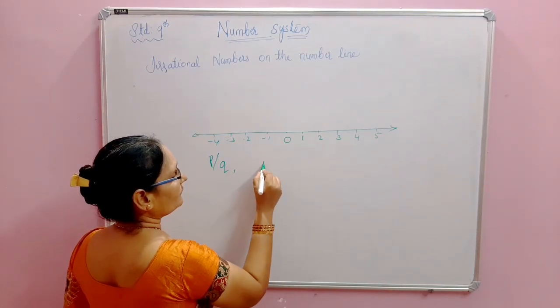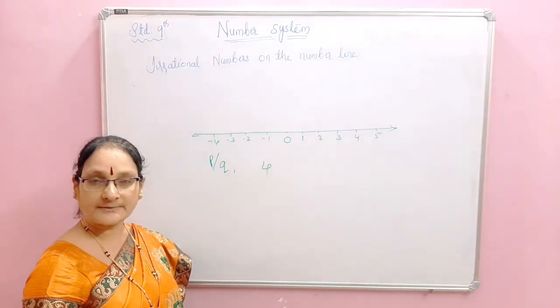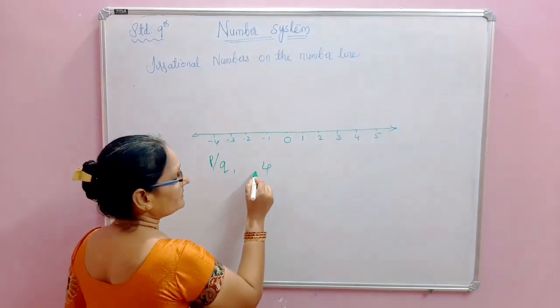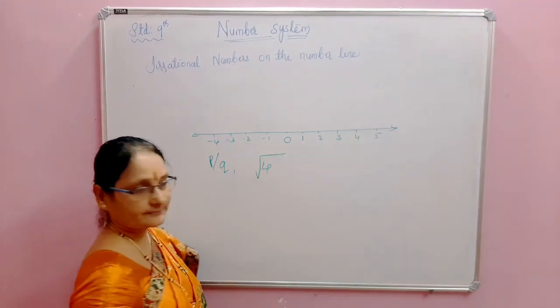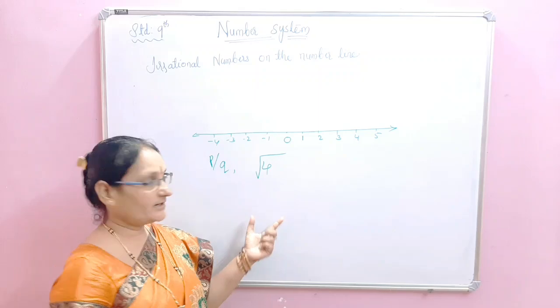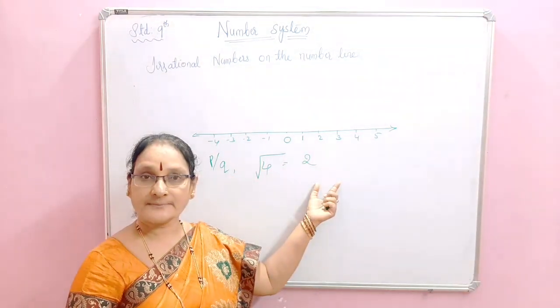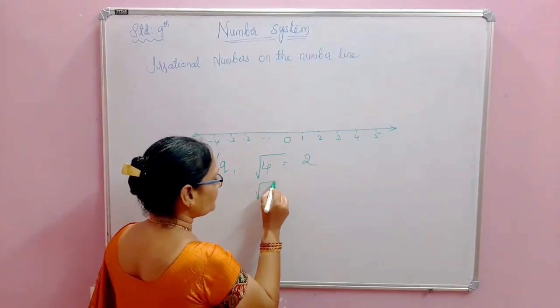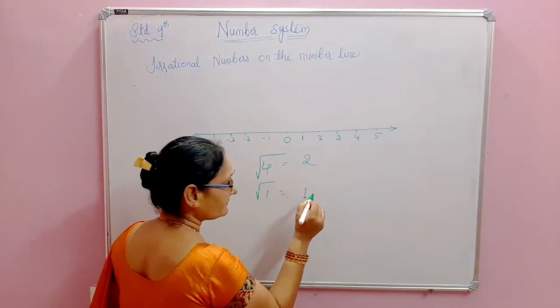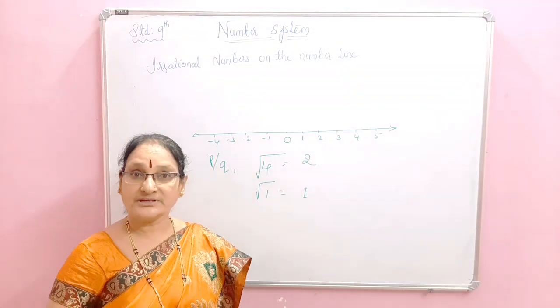Then suppose 4 is a number. Then the square root of 4. What is the square root of 4? 2. Yes, 2 is a rational number. Then what about the square root of 1? That is 1. 1 is a positive integer.